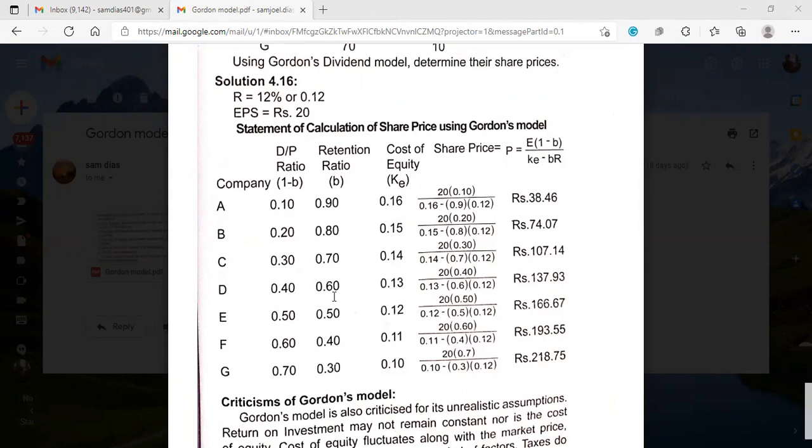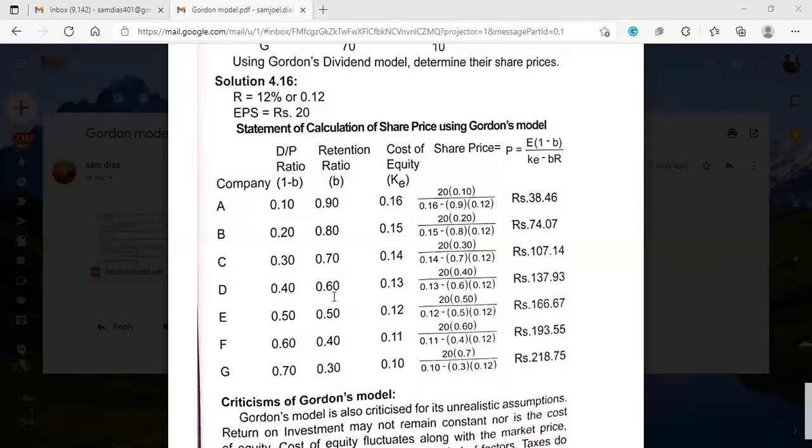Then for company F, 60% is the dividend payout ratio and the retention ratio is 40%, cost of equity is 11%, and we'll be getting rupees 193.55 as the market price of shares. Then company G, dividend payout ratio is 70% and retention ratio is 30%, cost of equity is 10%. If we do all the calculations, we'll be getting rupees 218.75 as the market value of shares.